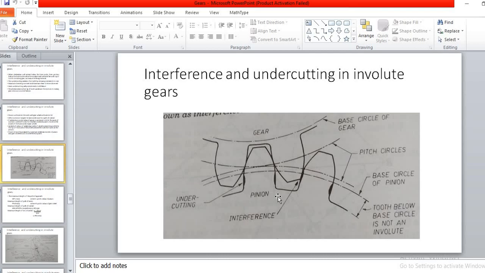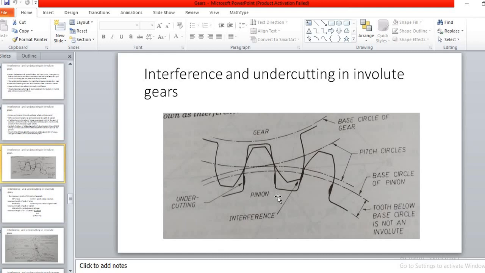The tip of the tooth undercuts the profile of that engaging gear's tooth. So in that case we observe some undercut, due to engagement of the two gears.